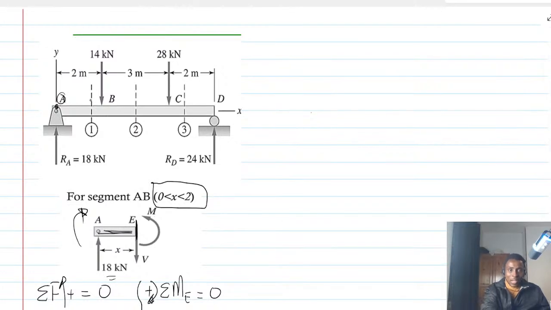If you stand between B and C, and then you cut, this is what you are going to get.